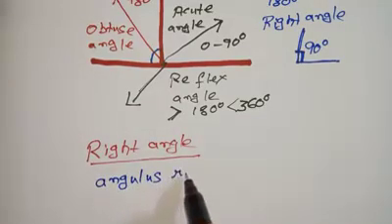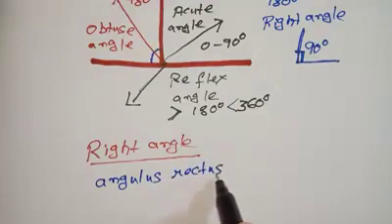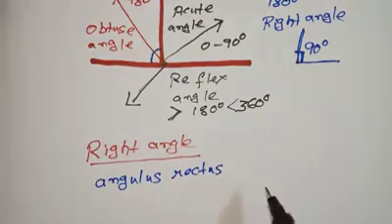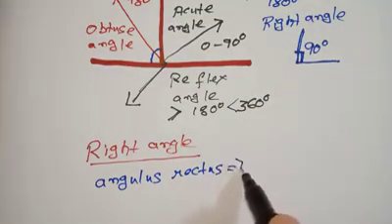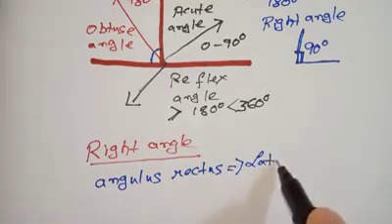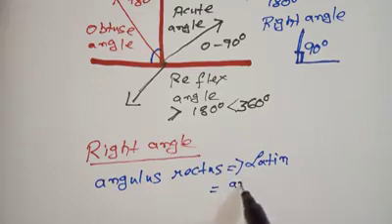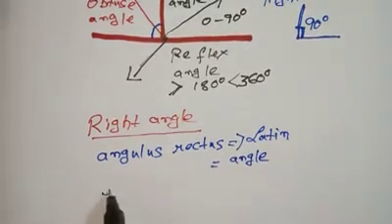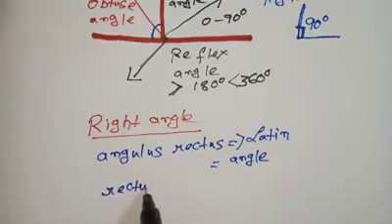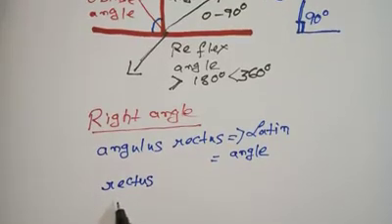It might sound a little odd, because that is the perfect Latin pronunciation. So angulus rectus is of Latin origin, and it means angle.